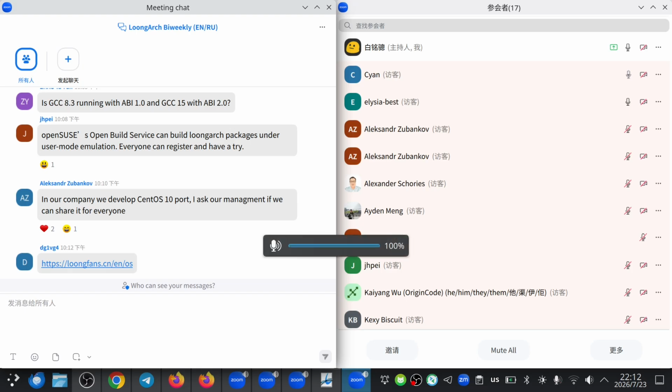It happens especially often with Rust as well. Other issues are not commonly observed under user mode emulation. They are actually quite accurate. If you really don't have a real machine, then you can just build packages on user mode emulation.